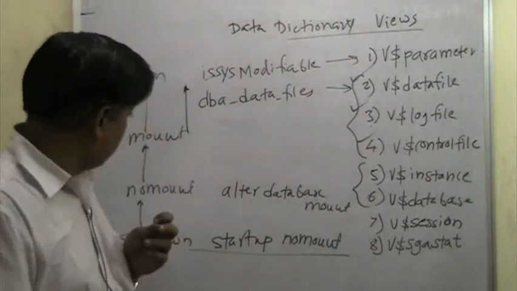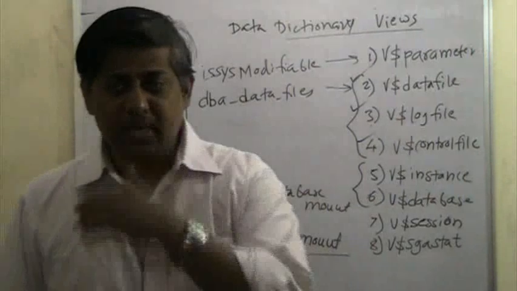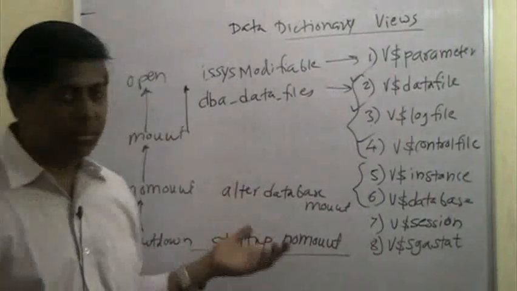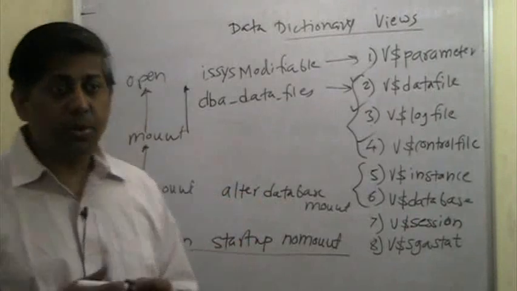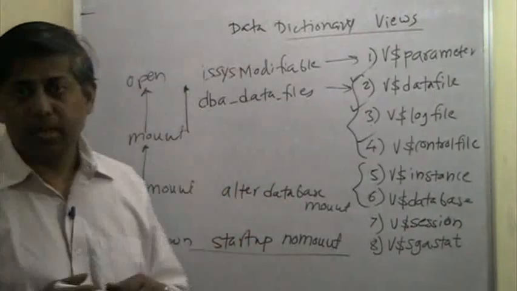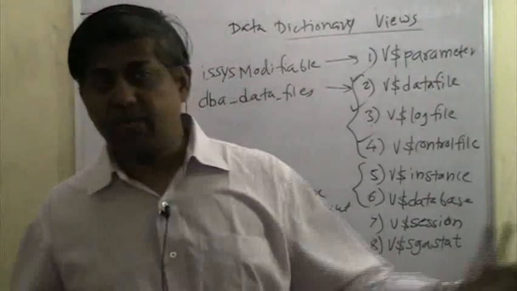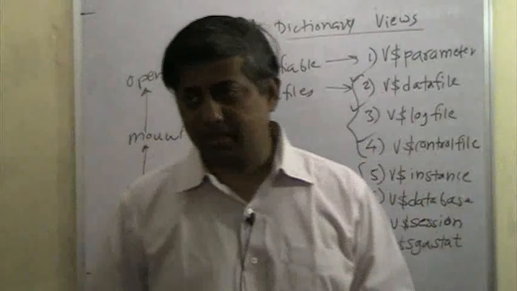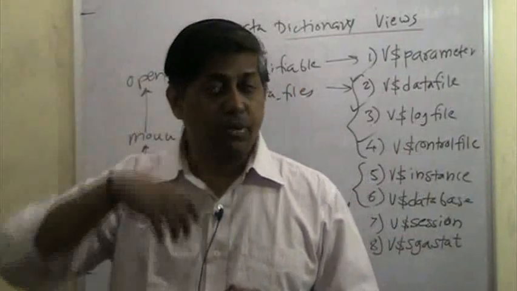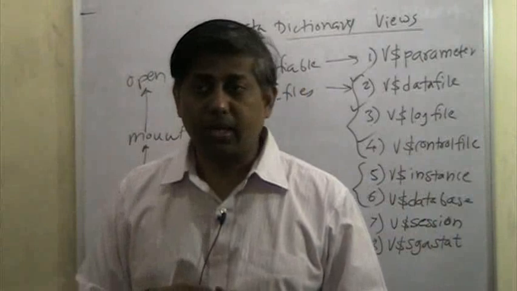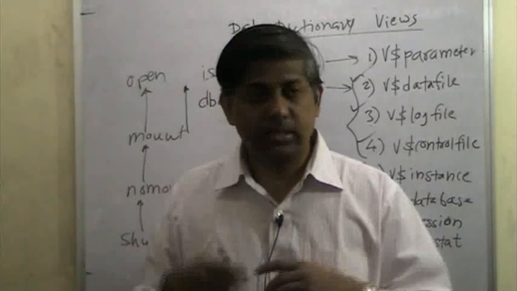Startup restrict. Okay, I will talk about startup restrict later. There is another startup command, startup restrict, and that is going to open the database all the way to the open state. But the moment the database is opened, everybody will start coming in and doing certain things. You don't want everybody to come in and log in automatically. You want to restrict the access to yourself as a sysdba.